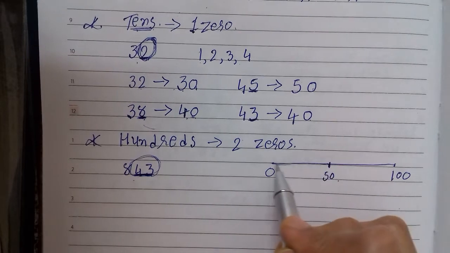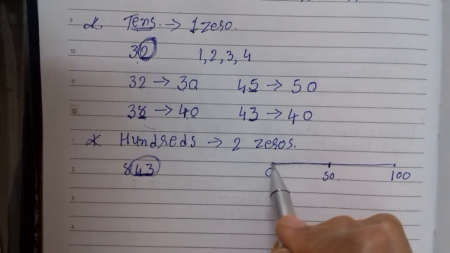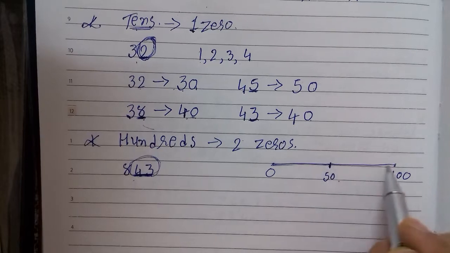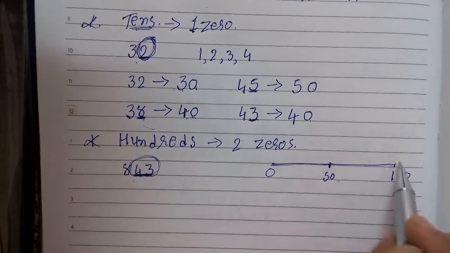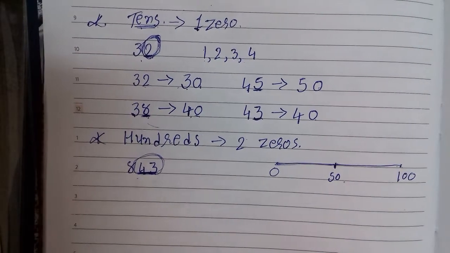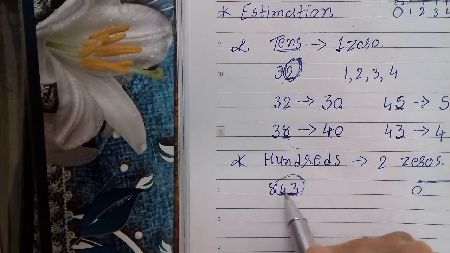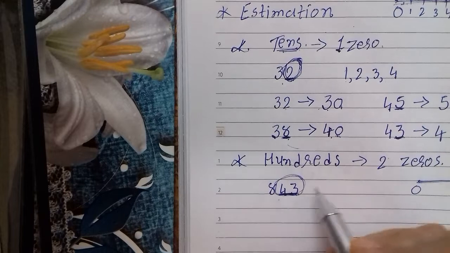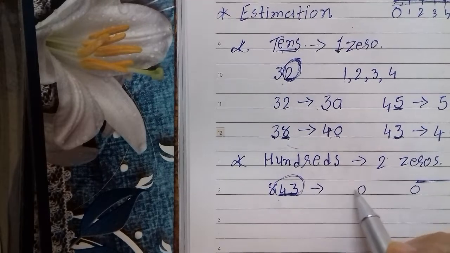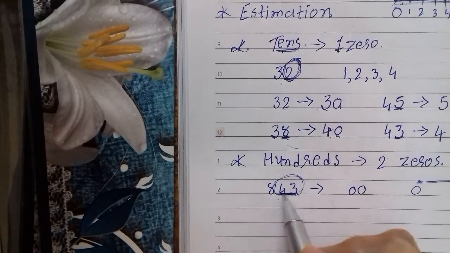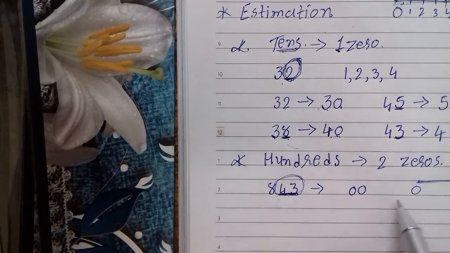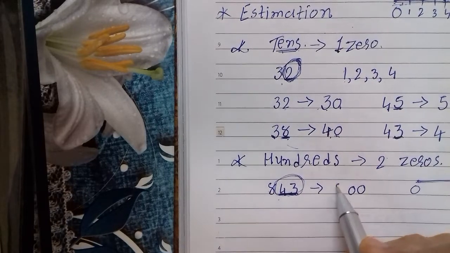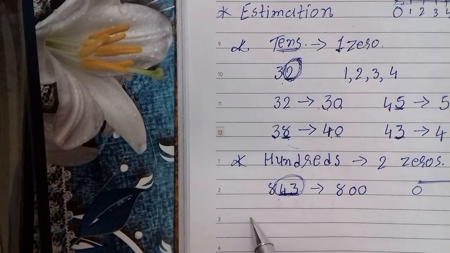Numbers less than 50 are nearer to 0, and 50 or more are nearer to 100. So here 43 is less than 50. So put 2 zeros instead of the ones and tens digits, and then put 8 as it is.